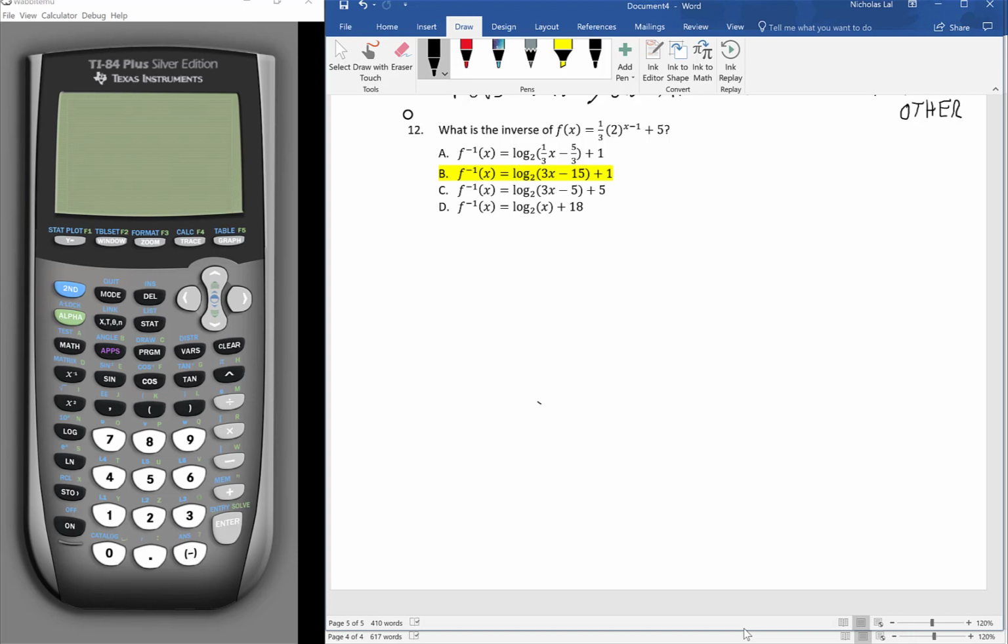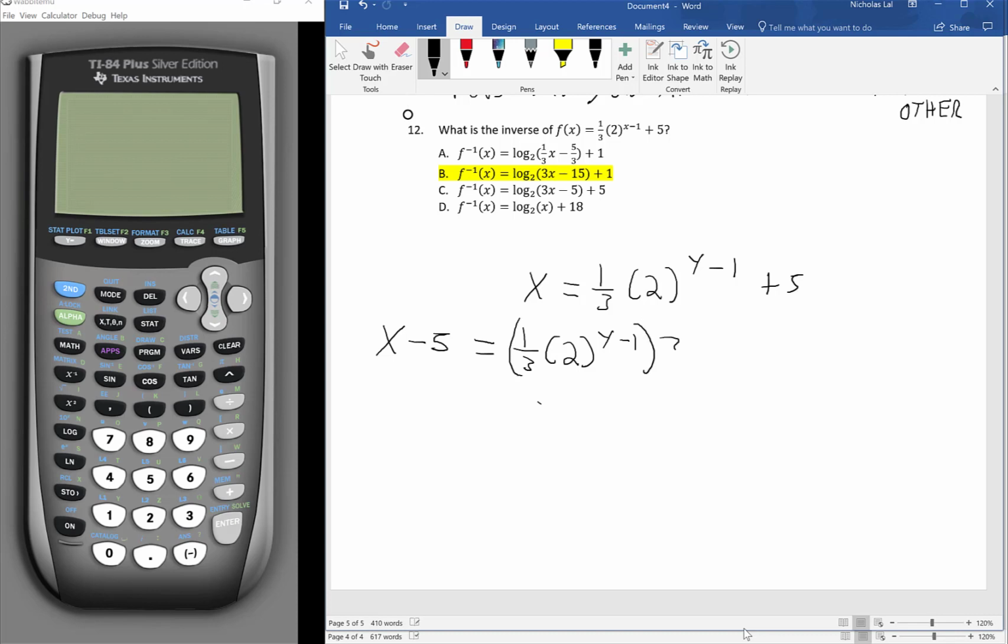Well, to find the inverse we need to switch x and y. x is equal to 1/3 times 2 to the y minus 1 plus 5. We will have to subtract 5. x minus 5 is equal to 1/3 times 2 to the y minus 1. Okay, our next step is to multiply each side by 3.